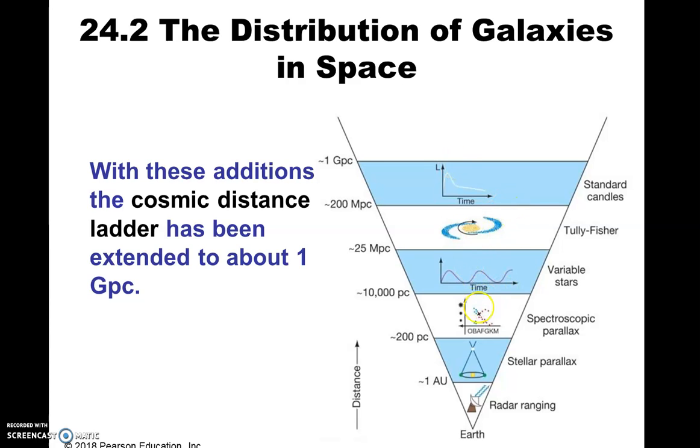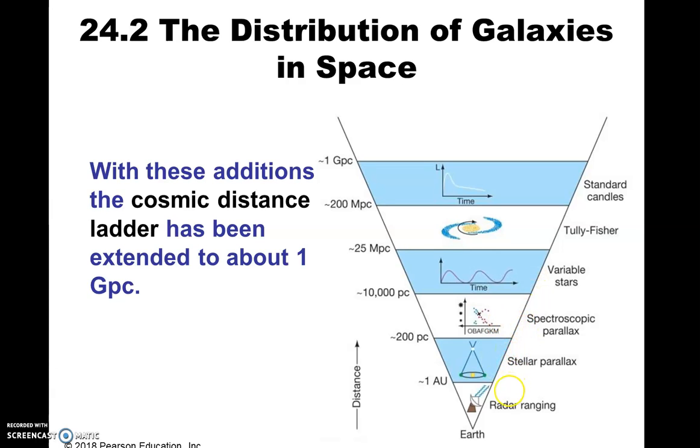And the other thing I was about to say, which is actually really important, almost as important as having this distance ladder, is the fact that there's overlap, and there has to be, right? There has to be overlap between each of these rungs on the ladder, right?